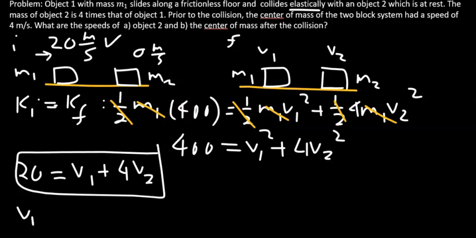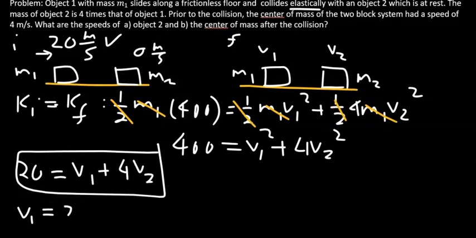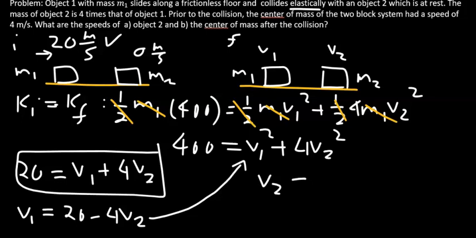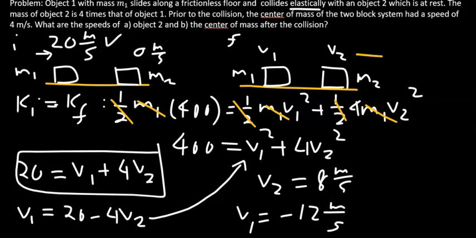From the momentum equation, we see that v1 equals 20 minus 4 v2. So substituting this v1 in here, we can get v2. If you do that, you'll get v2 equals 8 meters per second, and v1 is minus 12 meters per second. That means after the collision, m2 is moving this way, and m1 is moving that way.